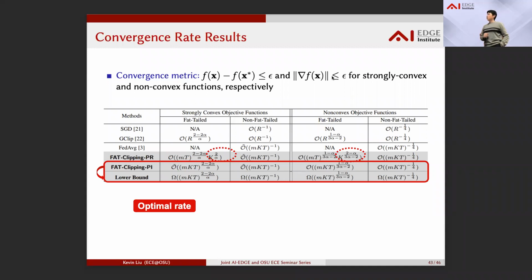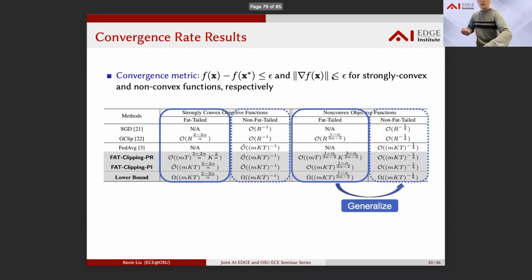There's a gap, and this makes sense: if you are doing clipping relatively lazily, you don't expect to manage the fat tail noise that well. So eventually the convergence is a little worse compared to the PI version. However, the PR version is more computationally efficient, since I only do clipping in each round rather than in each iteration. So there's a trade-off here.